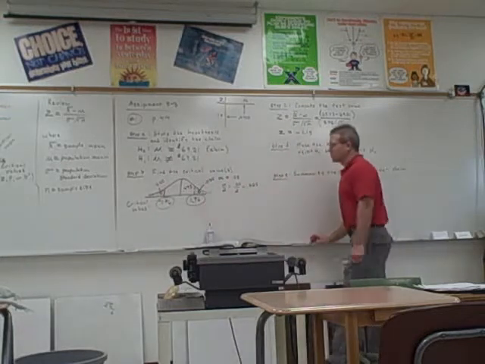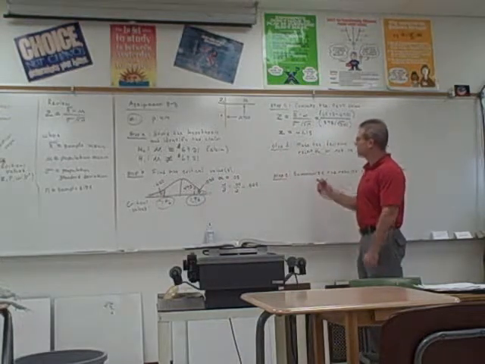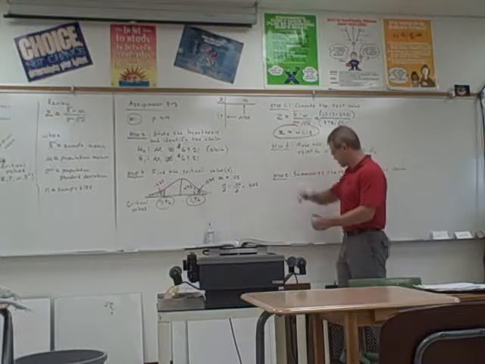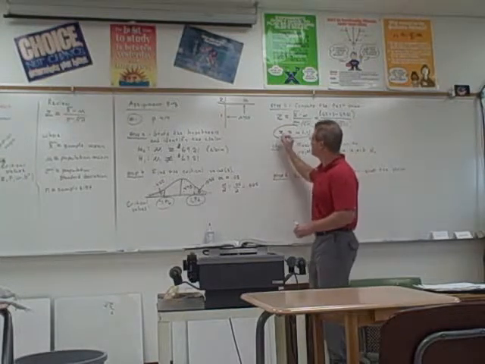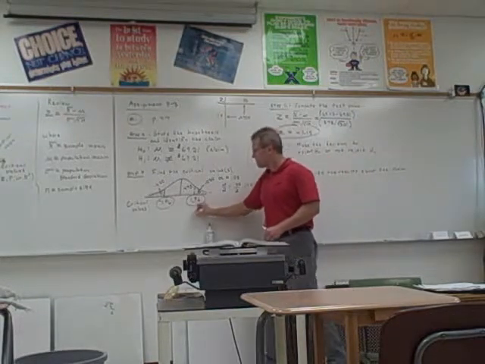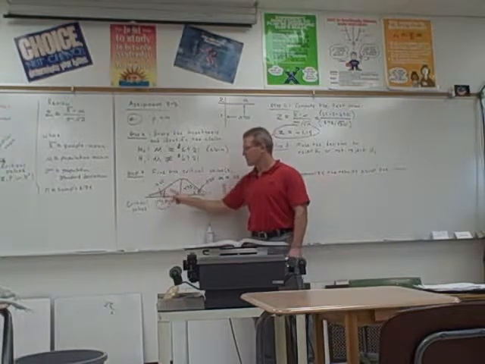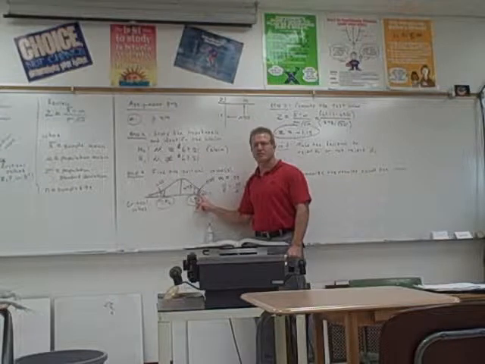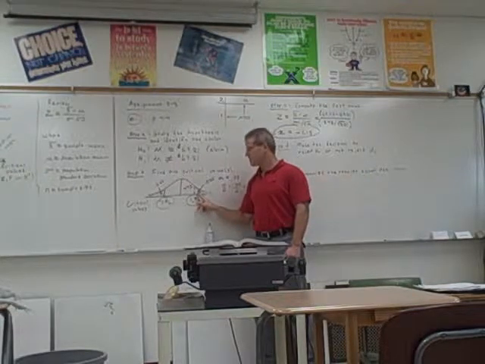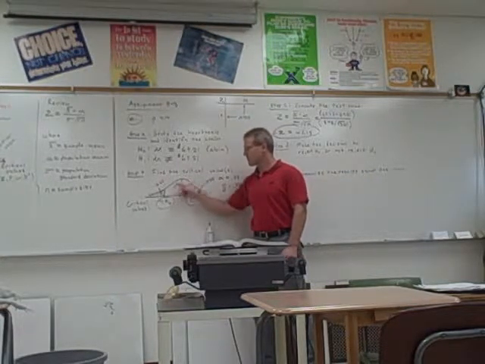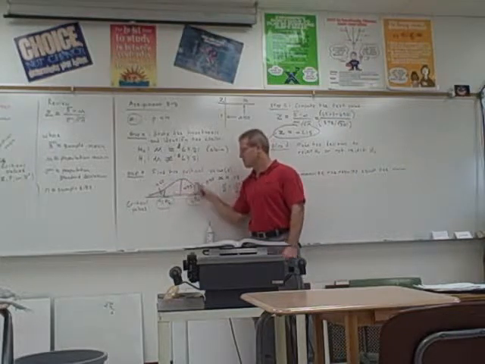So negative 1.15. So let's think about where is that at on our picture down here. If it falls in the tail area, in the critical region, then we're going to reject the null. If it doesn't fall in the tail area, if it falls out here, then it's going to be do not reject the null.